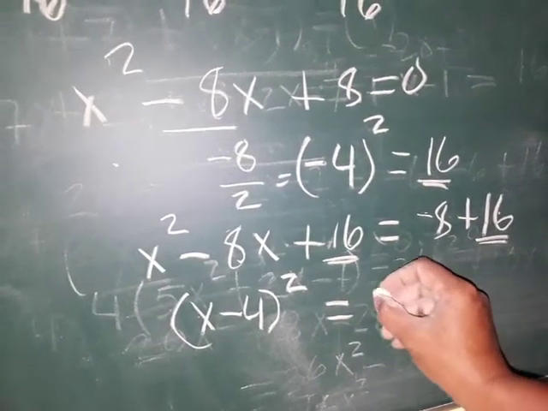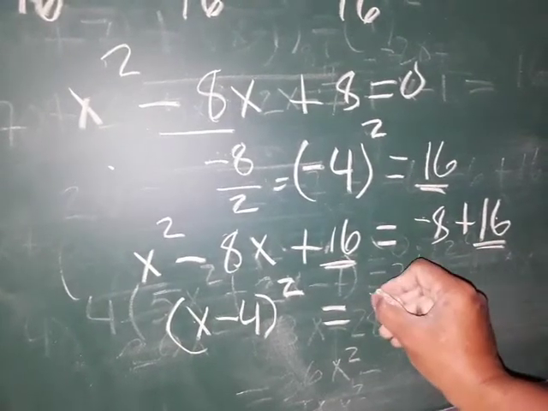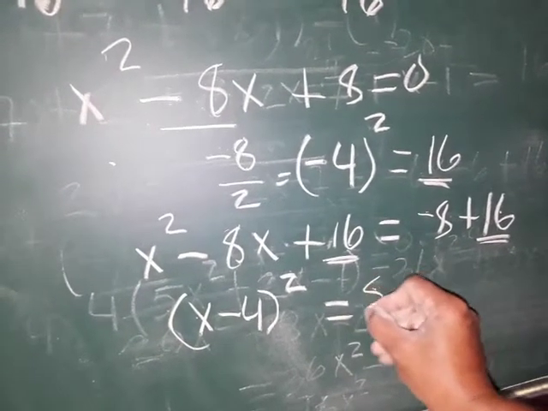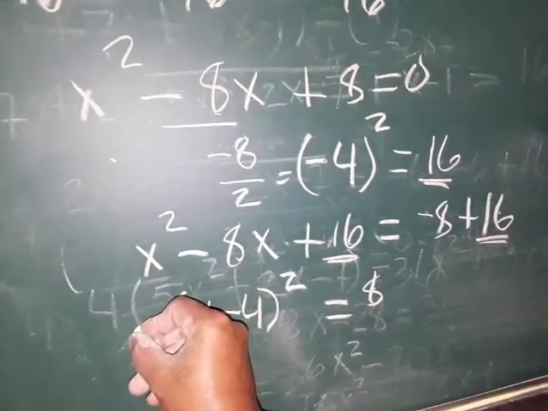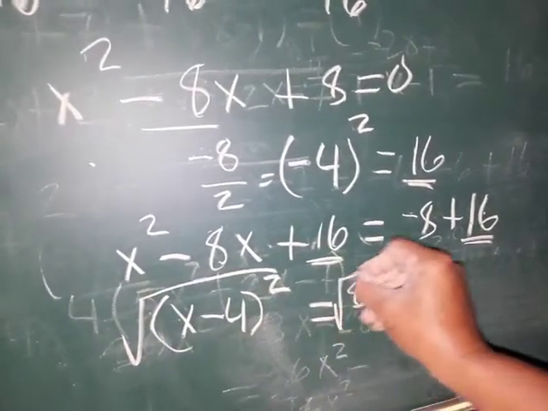So unlike sign, copy the sign of the greater value, which is positive, and then subtract. We have 8. So square root.